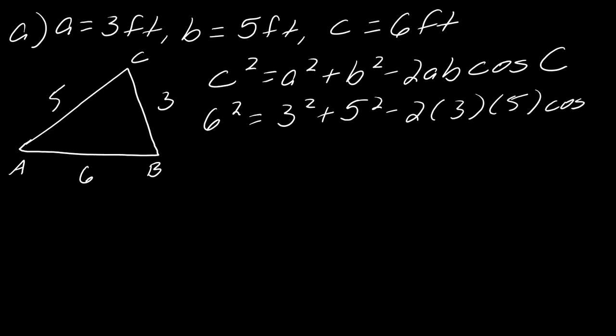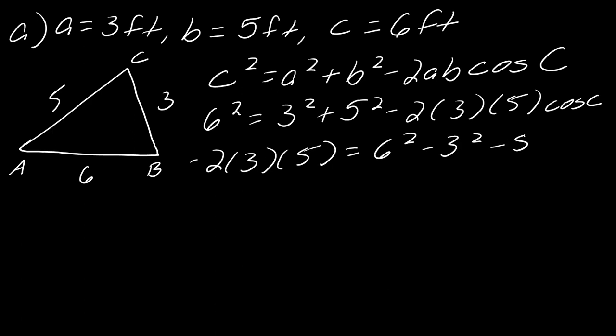So what I'm trying to solve for is this cosine C. Now what I usually like to do is isolate everything for cosine C and then do my calculation. So I'm going to have negative 2 times 3 times 5 times cosine C equals 6 squared minus 3 squared minus 5 squared. Oh gosh, I keep forgetting to write the cosine. My bad.